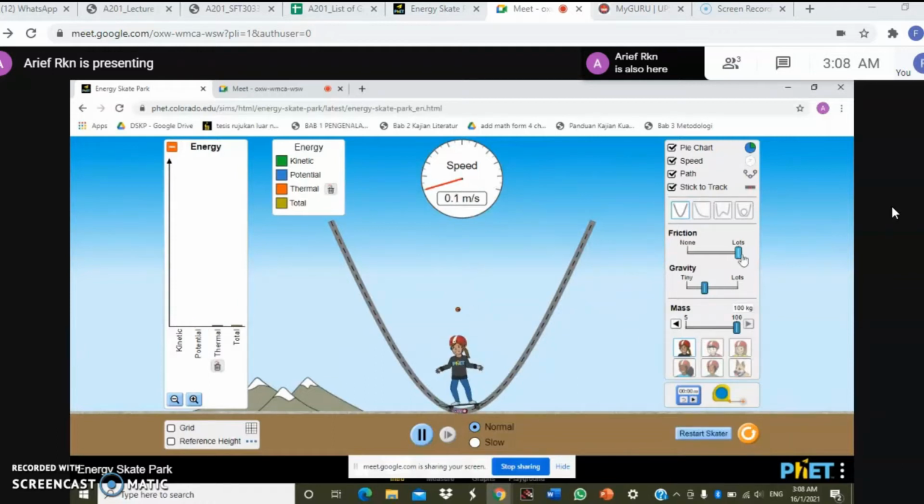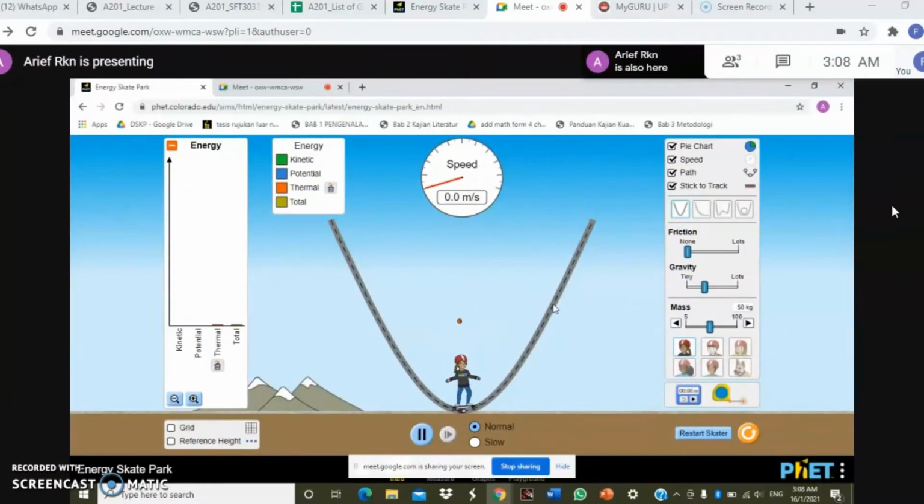Okay, first we will see the non-friction case. The mass of the skateboarder is 50. Now let's see the pie chart and the bar chart, on how the kinetic and potential energy are involved in this experiment.